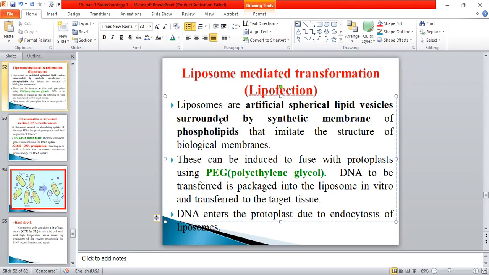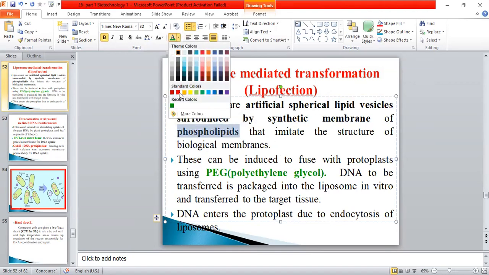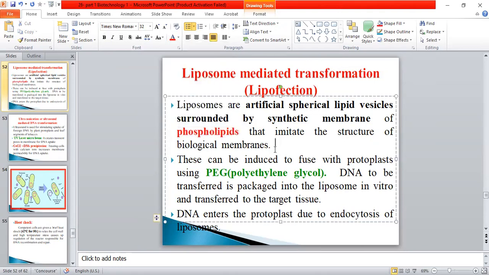That lipid is phospholipid, a compound lipid. Compound lipids that imitate the structure of the biological membrane. It is similar to the biological membrane structure, but it is made up of phospholipids.